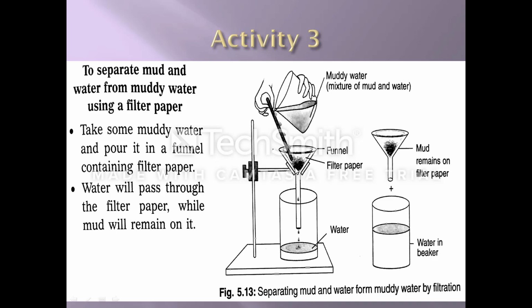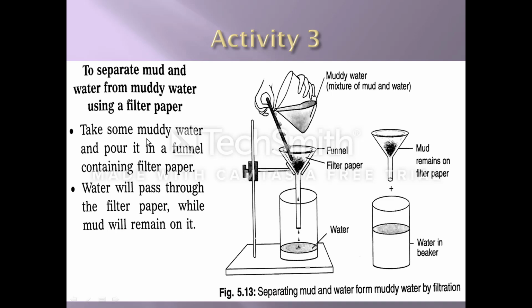So when you add this decanted water, whatever solid residues are there will remain on the filter paper and this is called your residue. The clear liquid will pass through the filter paper and be collected in the beaker kept beneath it. This will be your clear water. So here you can see mud remains in the filter paper and the water in the beaker.